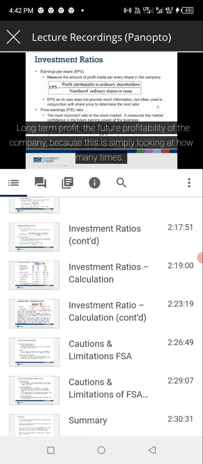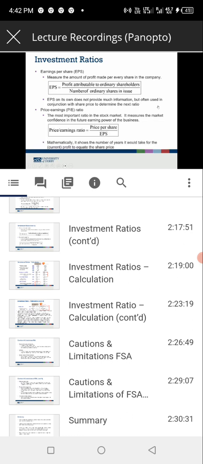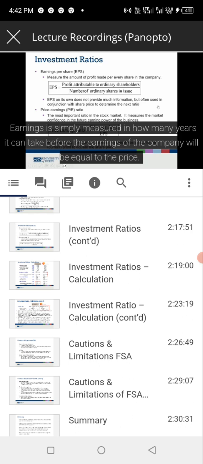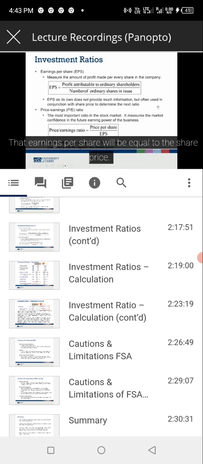Because this is simply looking at how many times the share price of a company covers the earnings. It's simply measuring how many years it will take before the earnings of the company will be equal to the price. Is that okay? Earnings per share will be equal to the share price.